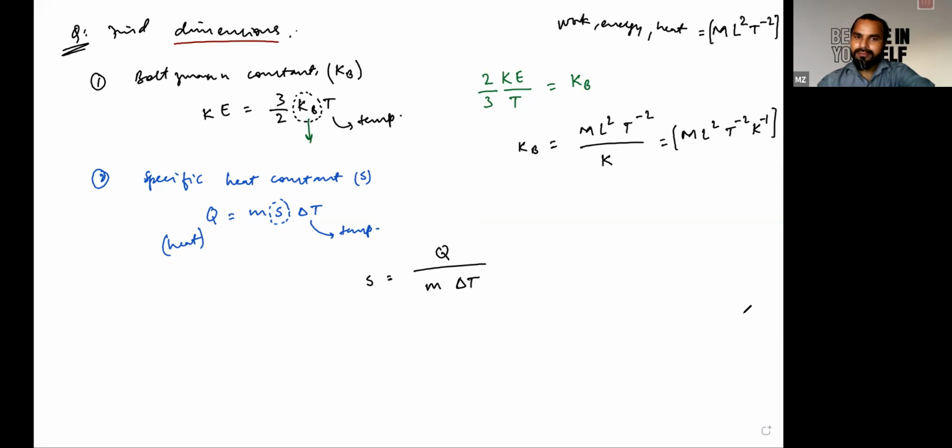No, it won't be the same. Here Q is energy, so it will be M L squared T raised to the power minus 2. Here it is mass, capital M, and delta T is temperature, so it will have capital K. This mass and this mass will cancel out, so we're left with L squared T raised to the power minus 2 and K raised to the power minus 1.